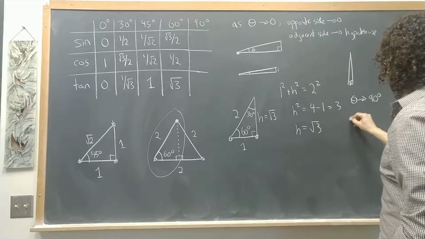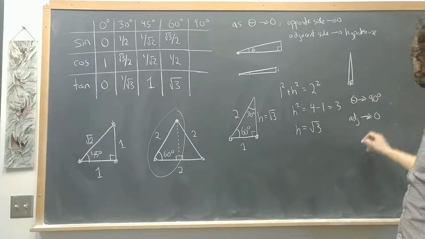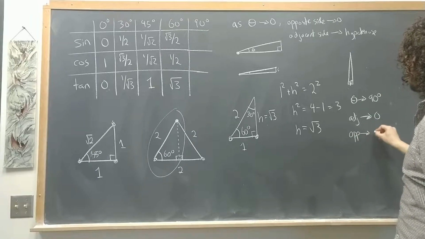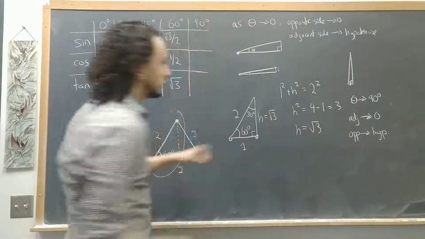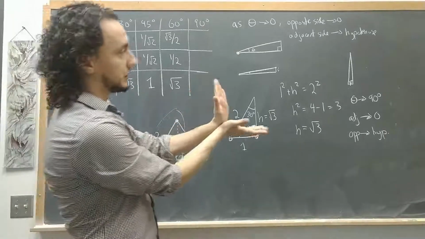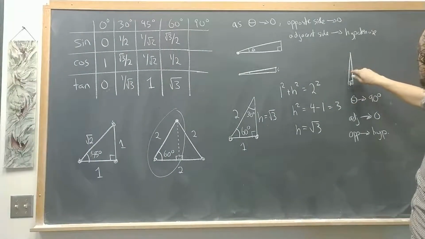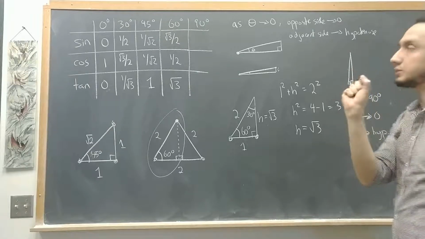The adjacent side is getting shorter and shorter, and the opposite side is approaching the length of the hypotenuse. So we can fill in this column using our intuition based on the fact that as the angle of the triangle gets closer and closer to 90 degrees on this side, the opposite and hypotenuse sides get closer and closer to being the same length, and the adjacent side squishes closer and closer to 0.